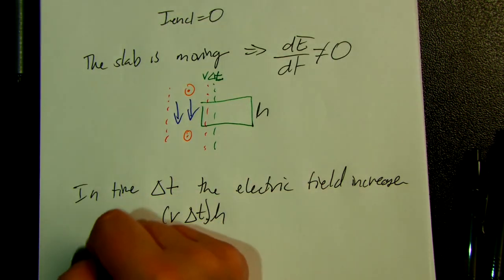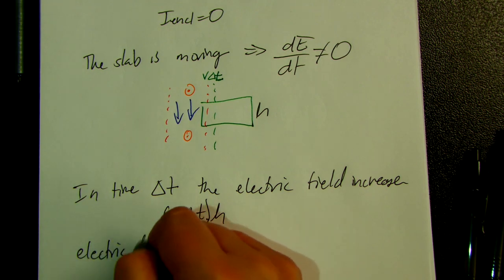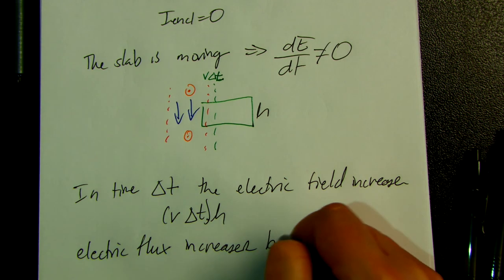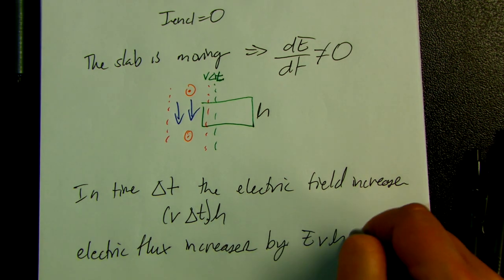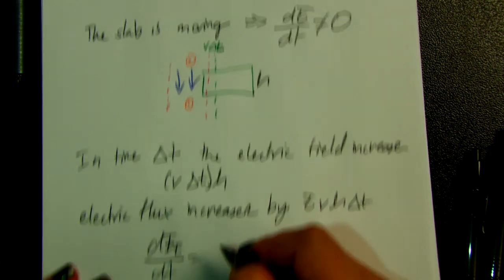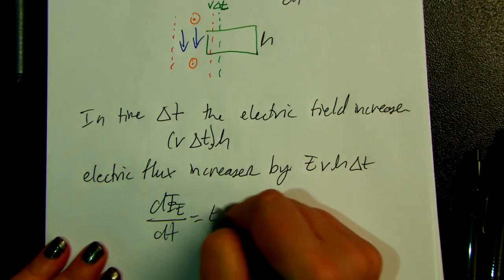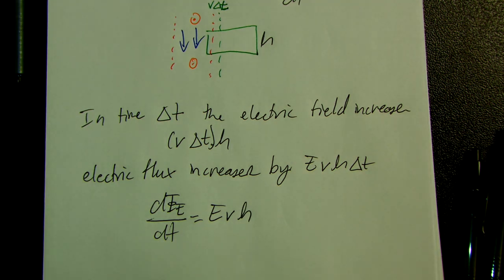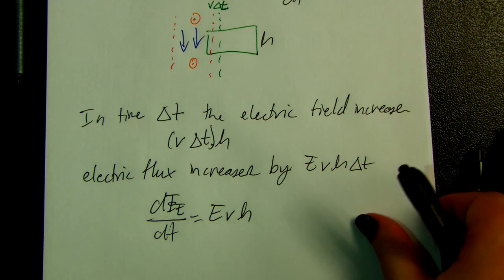And electric flux increases by EVH delta t. This leads to the change of electric flux being equal to EVH. And now we need to deal with the B side of the equation.